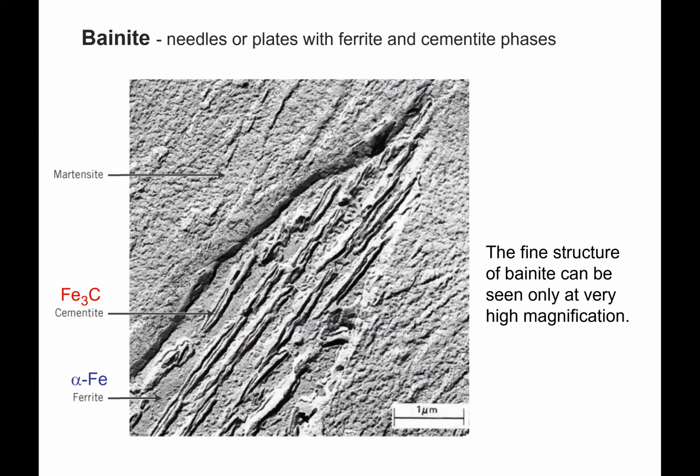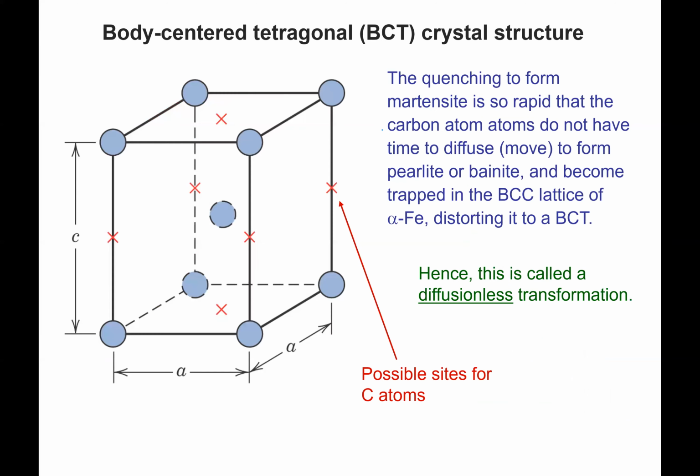All right, Bainite, just trying to show you that needle-like structure with the cementite layers inside of these sort of needles. The Martensite structure, we said it's just a distortion in the lattice. So austenite, you recall, is a face-centered structure.